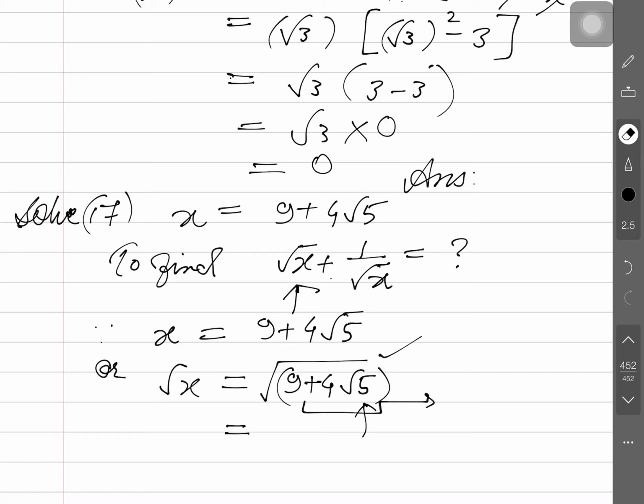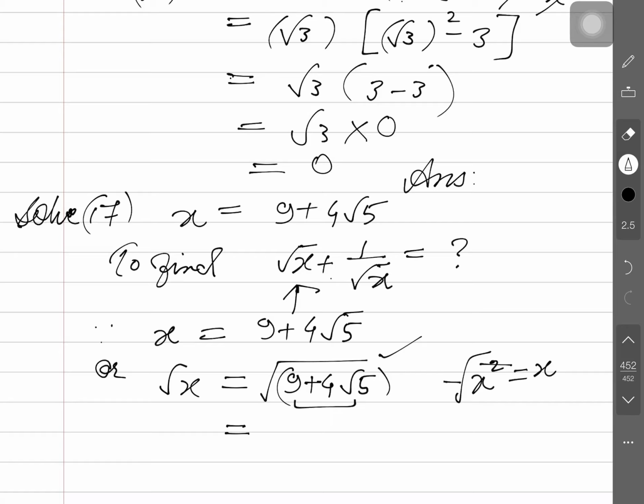How can we do this? Any square root can be solved by a square. This is the general expression for that. The law of surds, when I explained this thing, I explained to you. Clear?